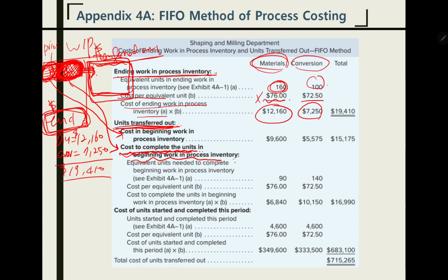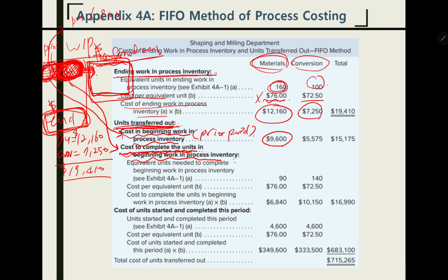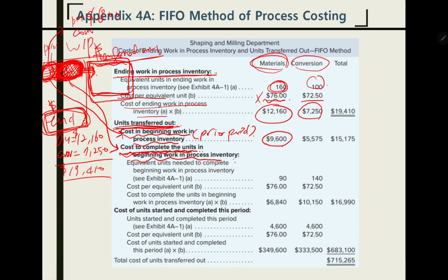So cost in beginning work in process inventory. This is the prior period's cost. This is the direct material 9,600 and conversion cost 5,575. So in total $15,175.